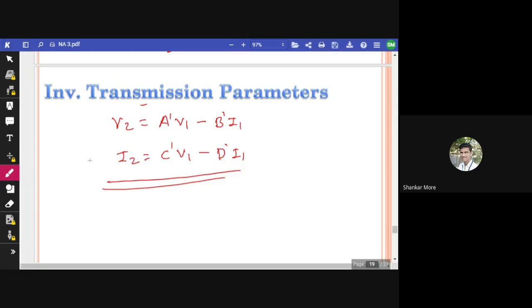Okay, now what does it mean when two networks are in series?